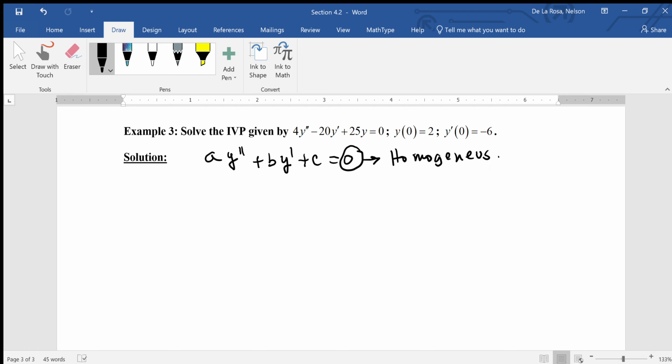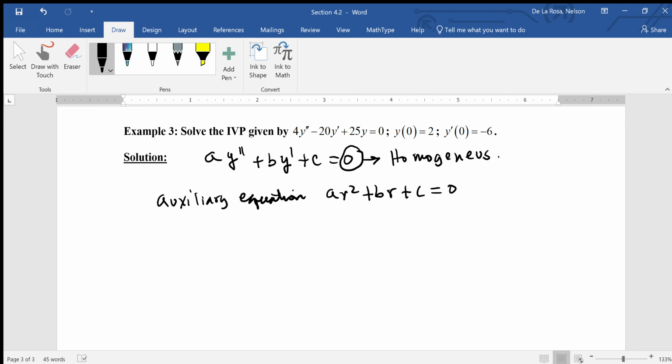The first thing we should do is to find the general solution, and we can use the auxiliary equation, which is of the form ar squared plus br plus c equal to 0.